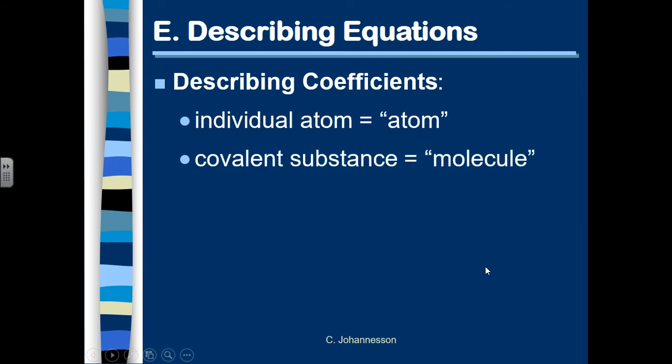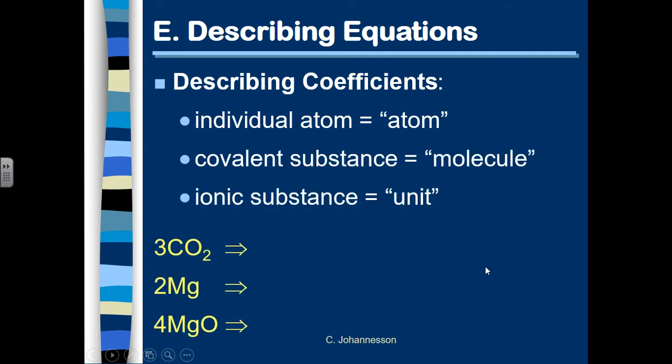Now, in order to do the other one, in order to be able to write out that sentence that you just saw, you need to be able to describe these formulas the correct way. For instance, if it's an individual atom, like a while ago we had copper all by itself, Cu, we call that an atom. We also had aluminum all by itself. We would call that an atom.